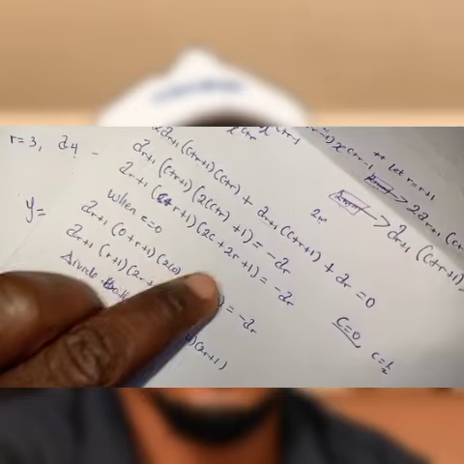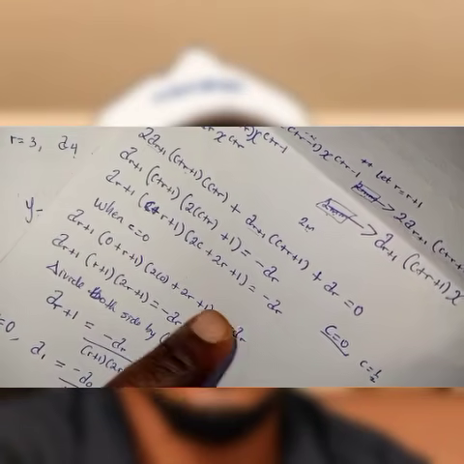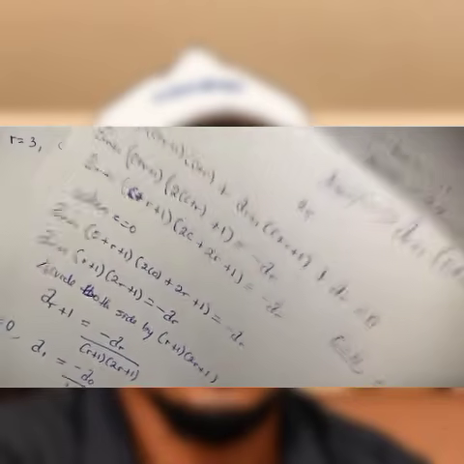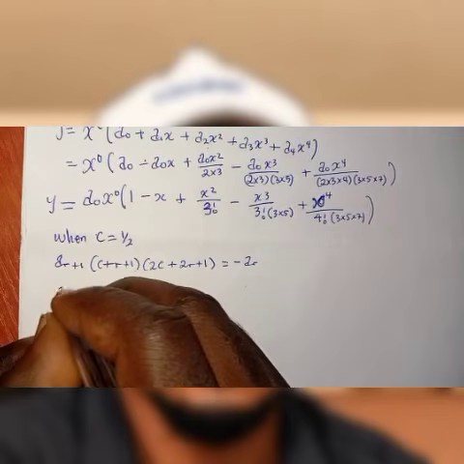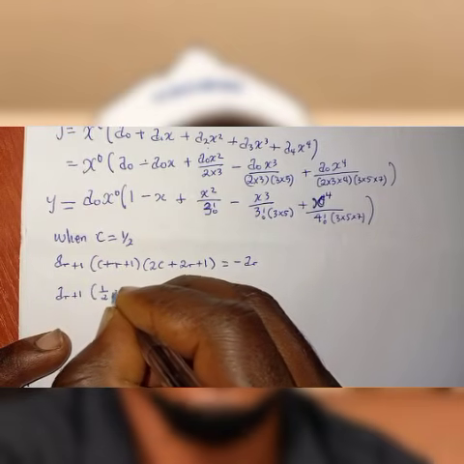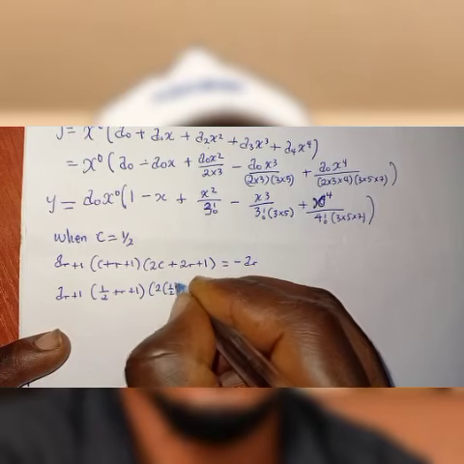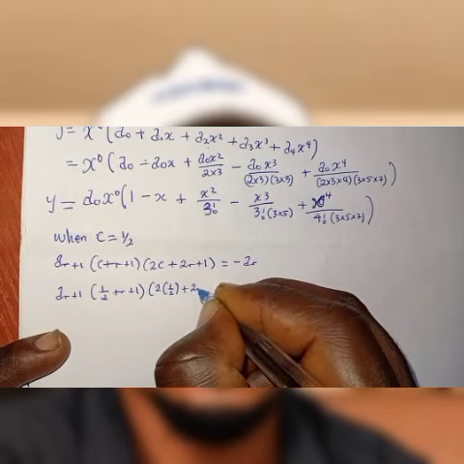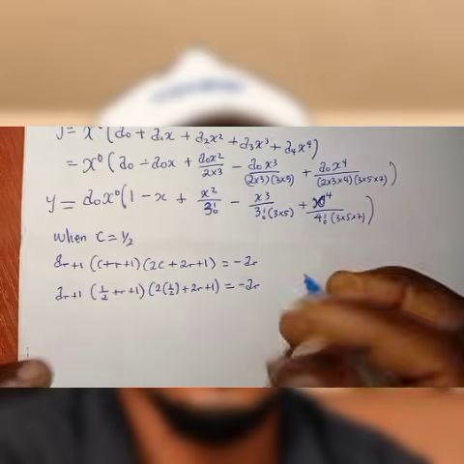You remember this equation here. So that is where you're going to put in when c equals 1 over 2 also. So if I put 1 over 2 into this equation, I have 1 over 2 plus r plus 1, 2 times 1 over 2 plus 2r plus 1 equals minus r, right?